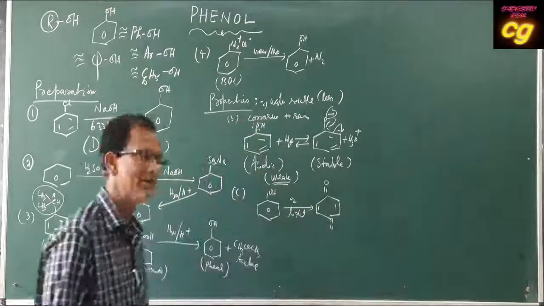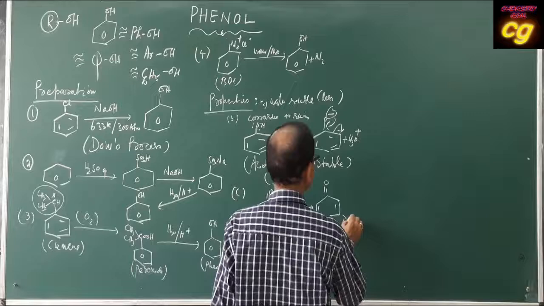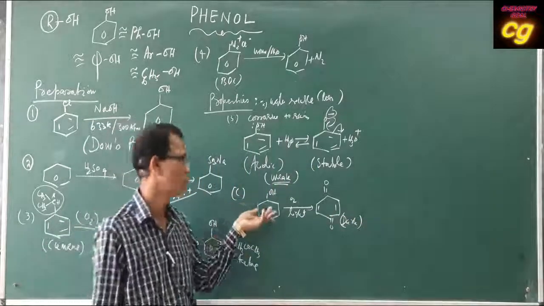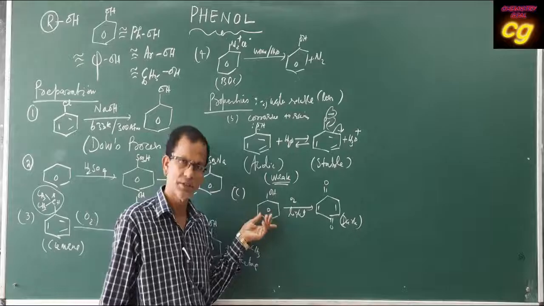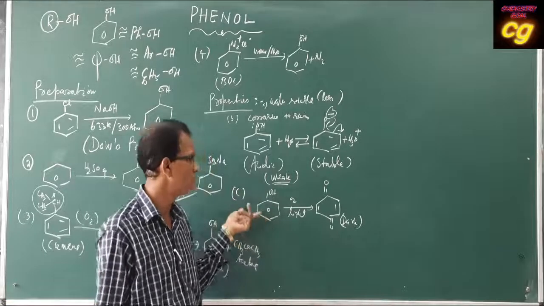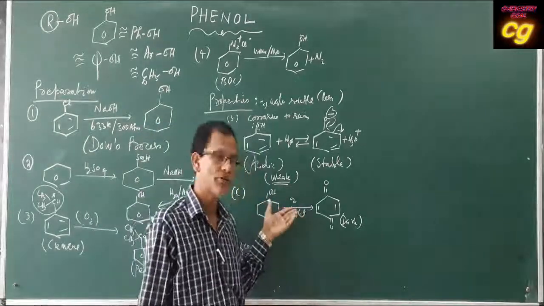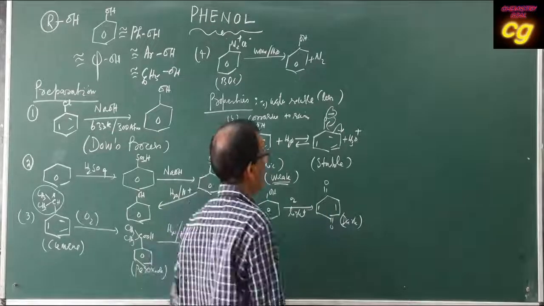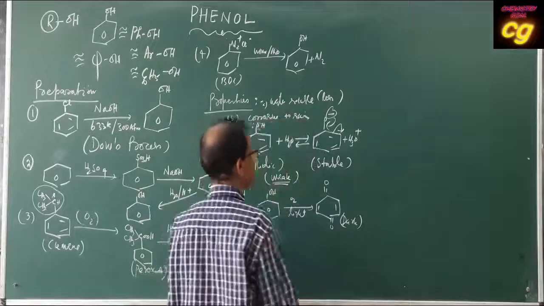It gets oxidized, and a dark color substance is produced. Phenol is generally a quite solid, colorless liquid, but when it is exposed to light and oxygen, it will be oxidized to benzoquinone, that is quinone.